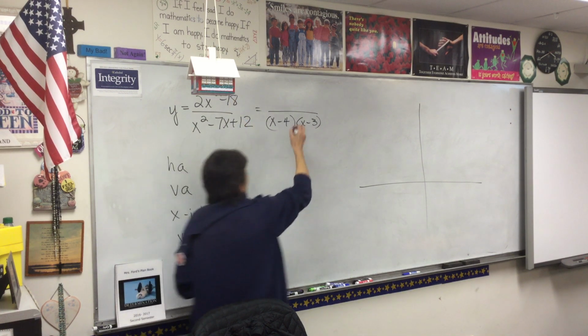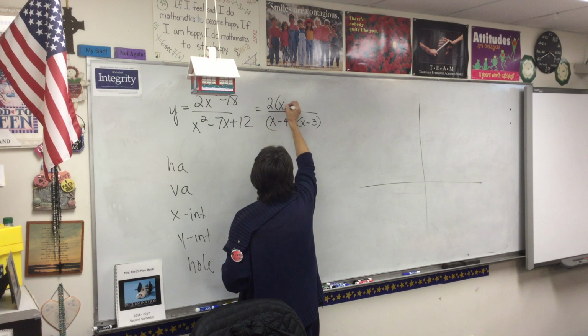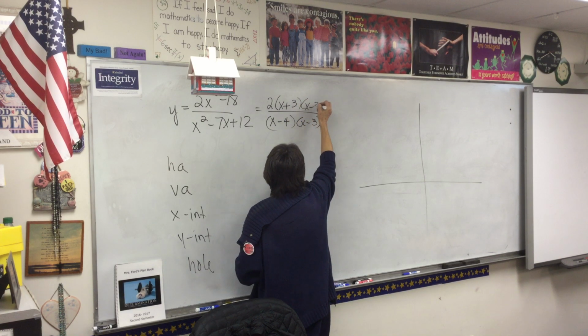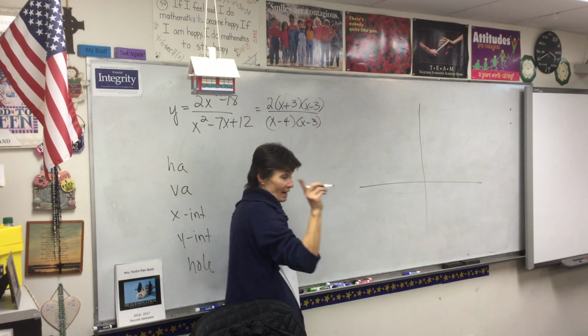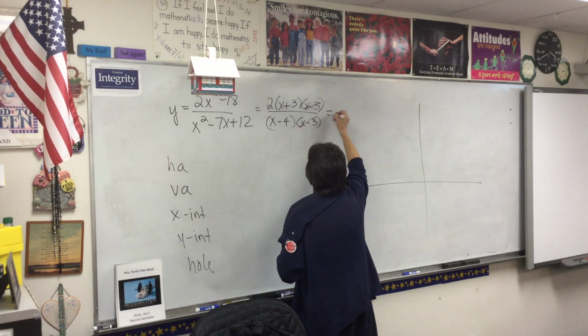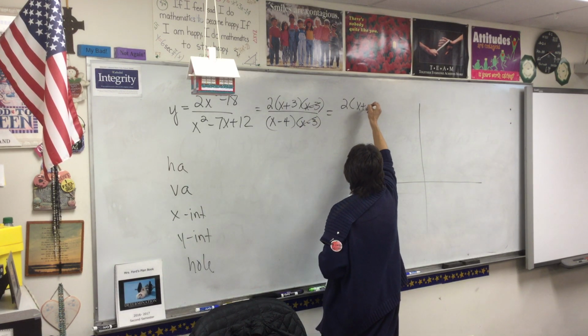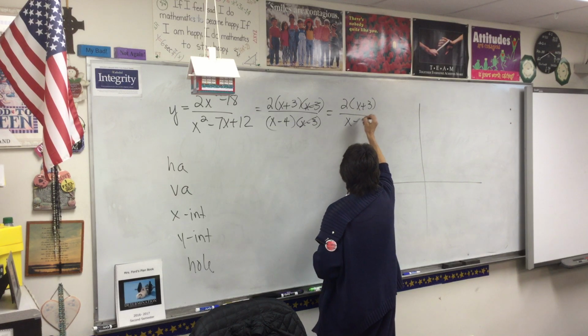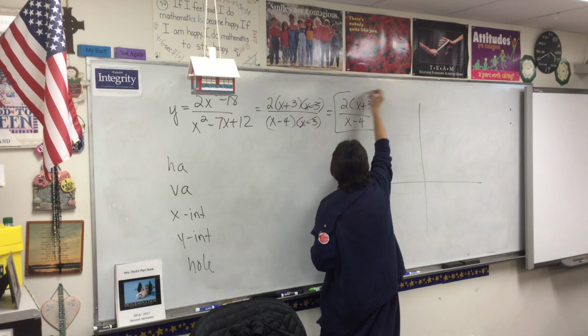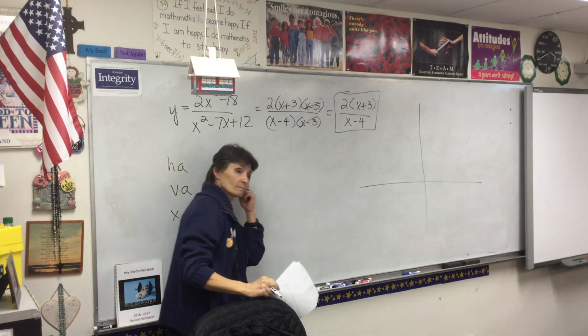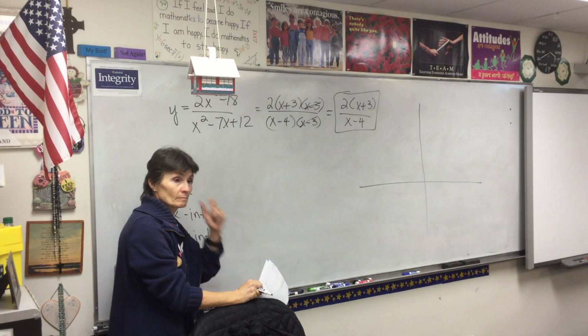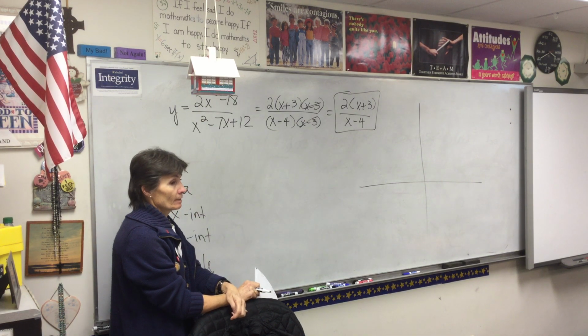Right? So I'm going to have 2, and then x plus 3, x minus 3. But these cancel. And this is what I am ultimately going to graph.